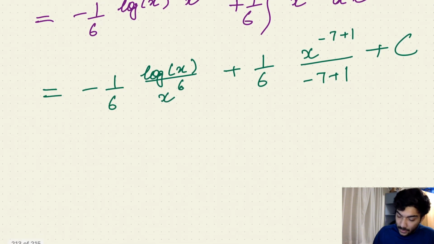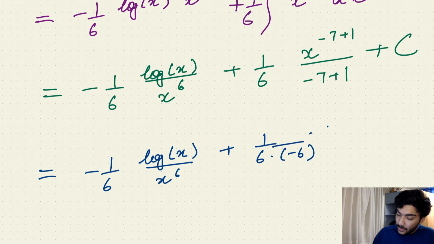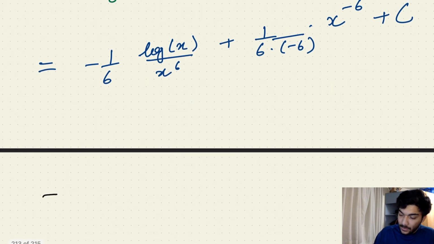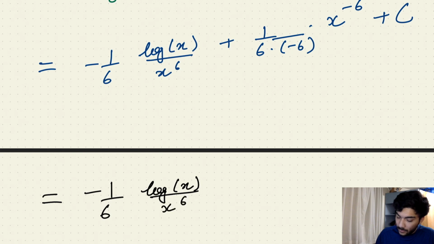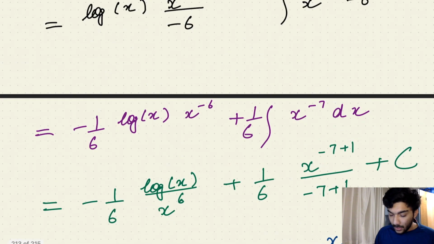So the final answer in this case would simply be negative 1 by 6 log of x upon x to the power 6 plus 1 by 6 times minus 6 times x to the power minus 6 plus c, which would be simplified to minus 1 by 6 log of x upon x to the power 6 minus 1 by 36. x to the power minus 6 can be written as 1 upon x to the power 6, plus c, right? So this would be your final answer to this integral over here.